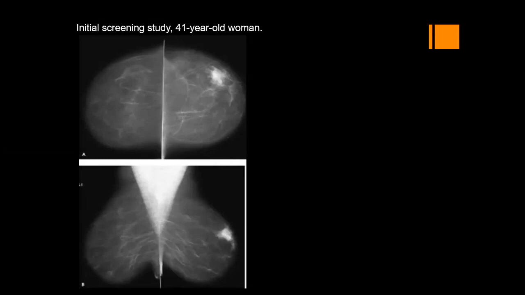Which type of asymmetry, asymmetry or focal asymmetry? Focal asymmetry, because it's seen in two views. Are you sure this is the same lesion seen on CC and MLO? How could we be sure about this?